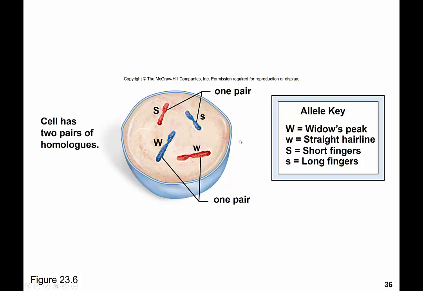So we're looking at the concept of widow's peak or straight hairline, with these W's, or short fingers versus long fingers with the uppercase S and lowercase s. You can see that there's the same kind of information, whether it's finger length or hairline, but color-coded, looking at which is inherited from a separate parent.